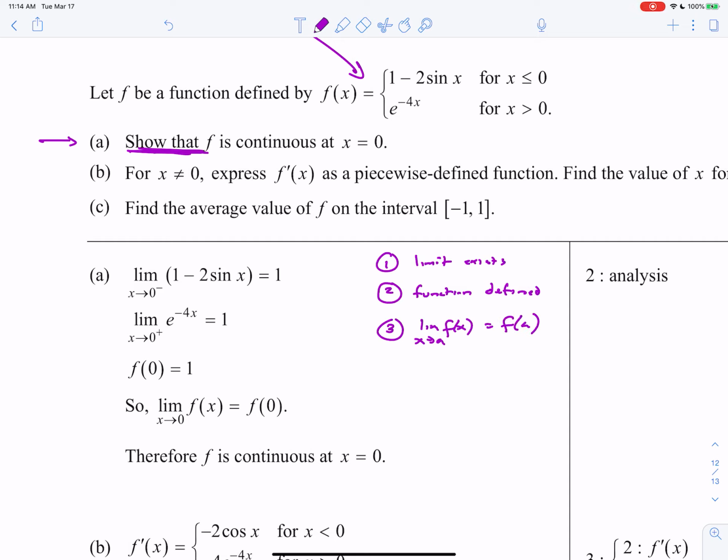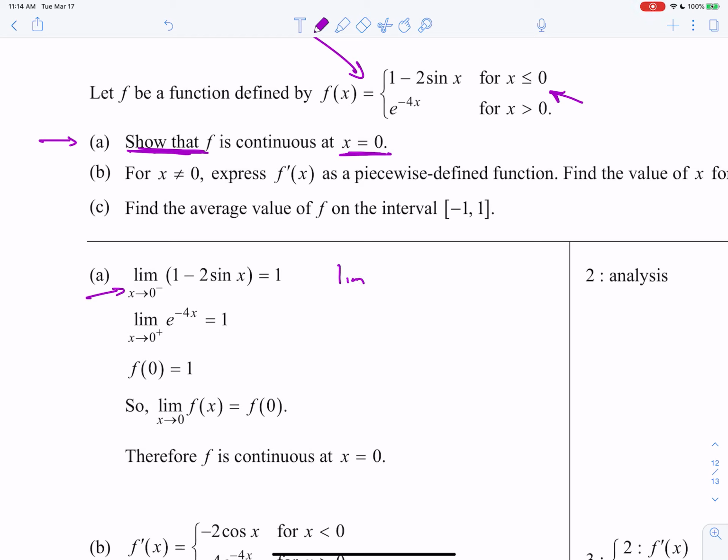Okay? So here we go, just so that we have space. We have to show that first the limit exists. Because we're trying to prove continuity at x equals 0, notice how at 0 is where the piecewise function breaks or goes in a different direction. So we actually have to find the limit as x approaches 0 from the left.